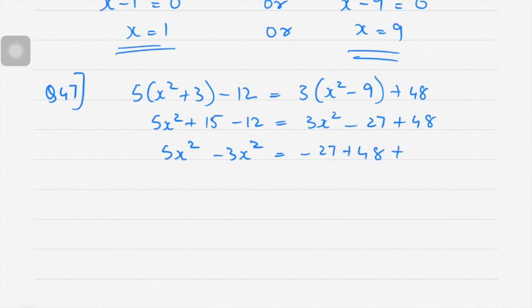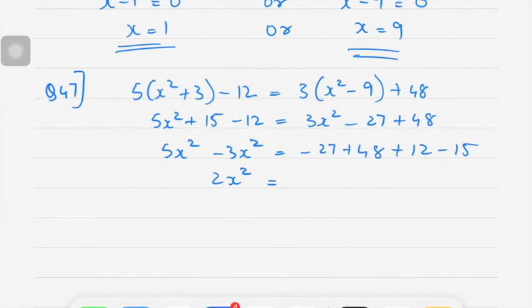So 5x square minus 3x square is equal to minus 27 plus 48 plus 12 minus 15. Okay. So 5x square minus 3x square is 2x square. So 48 plus 12 minus 27 minus 15.